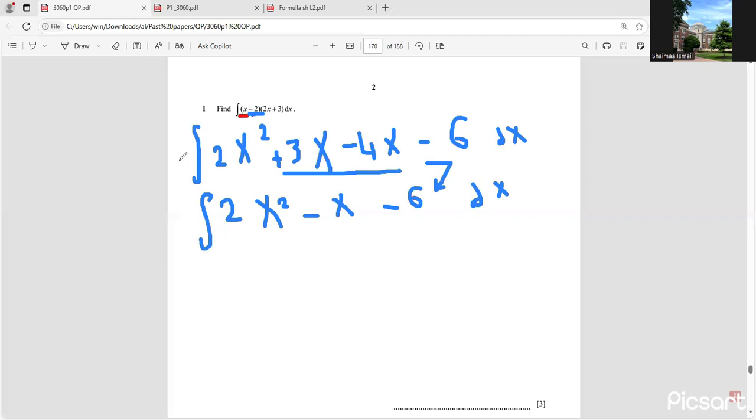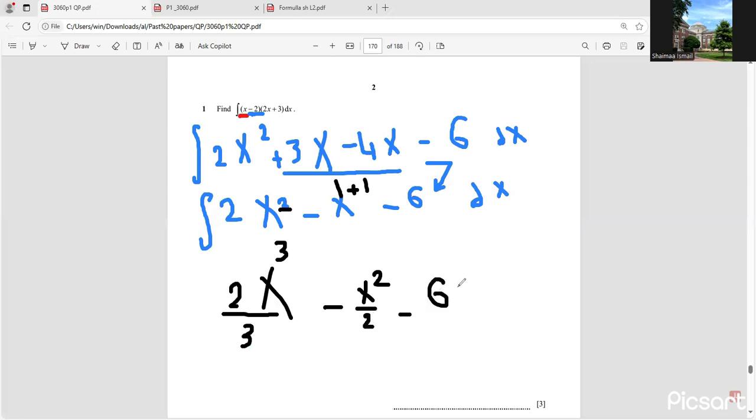Let's solve it. We add 1 to the power, so it is x cubed divided by 3 times 2. Then for minus x, the power 1 becomes 1 plus 1, so it is minus x squared divided by 2, and minus 6x.